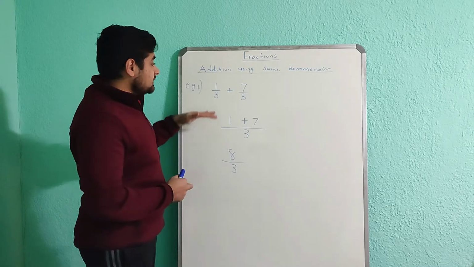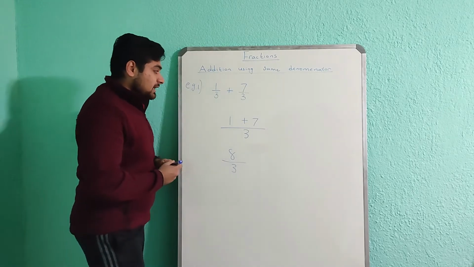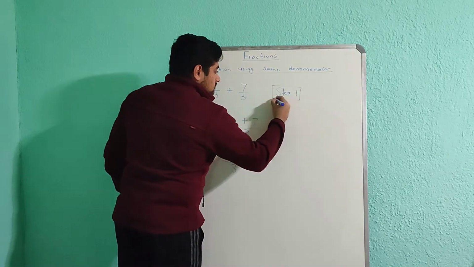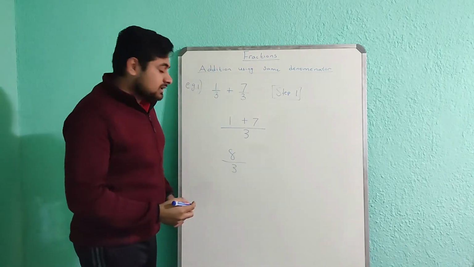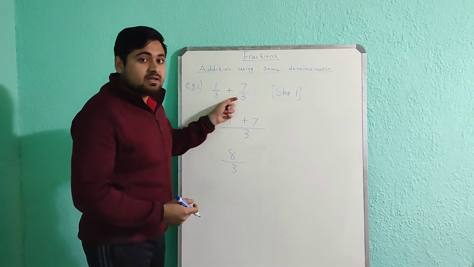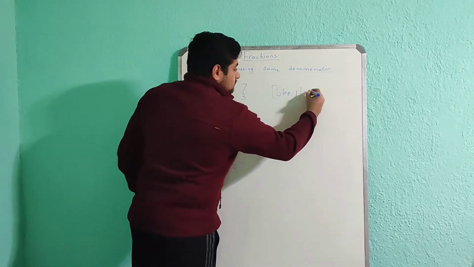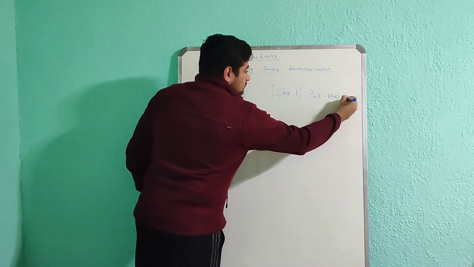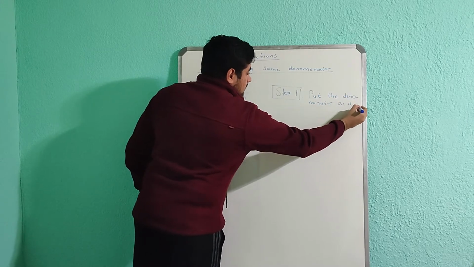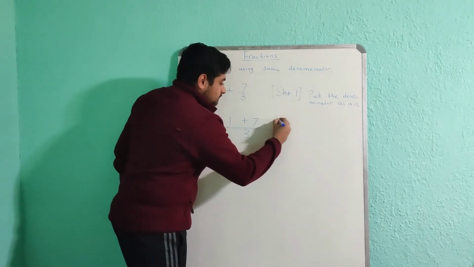So let's look at the steps of how we did this. What did we do in step 1? In step 1, first we saw that the denominators are the same. So we simply put the denominator as it is. Correct? What was step 2?